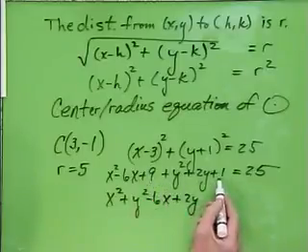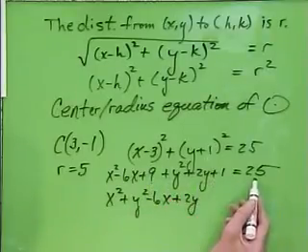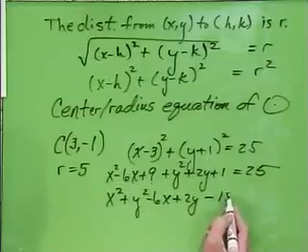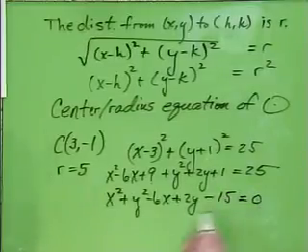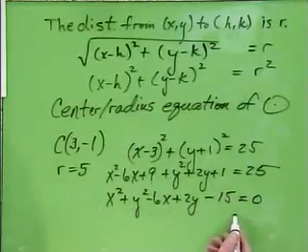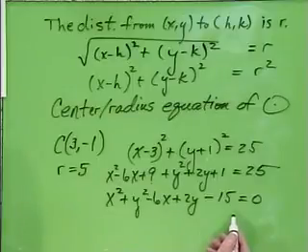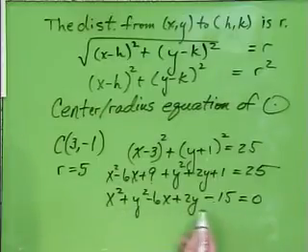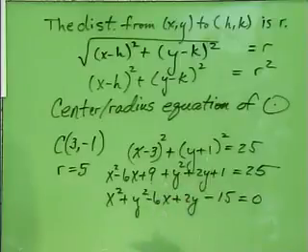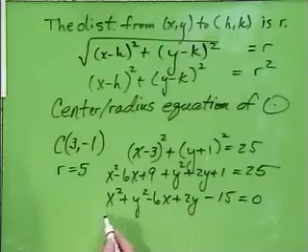Now I have a plus 10, and if I bring the 25 over, that'd be a minus 15 equals 0. If I write the equation in this form, this is called the general or the standard equation of a circle. You notice I no longer see the center like I could see the center before. I no longer see the radius, so this has merely been expanded and in some sense simplified. Depends on your point of view what simplify really means.